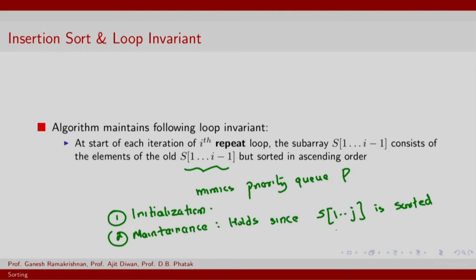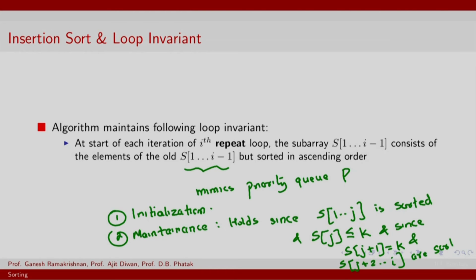This is referring to the algorithm shown in the previous slide, and we already found that Sj was less than or equal to k, and since Sj plus 1 is going to contain the key k, and the elements after Sj plus 1, that is Sj plus 2 to I, are already sorted and shifted, and they were all found to be greater than k. So this ensures that maintenance holds.